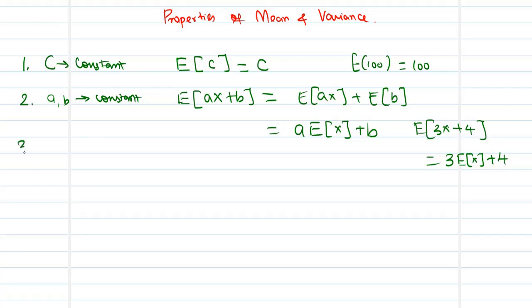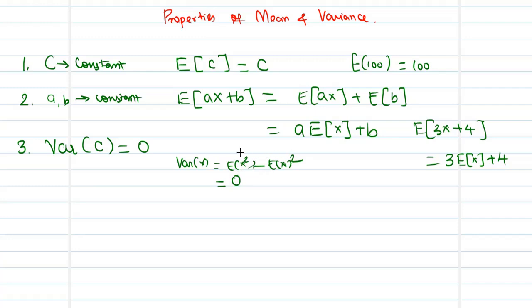Now comes the third property. It says that the variance of a constant C is always 0. Why is this so? Because we know that the variance is given by the formula E of x square minus E of x the whole square. When I take the constant, whether it is E of c square or E of c the whole square, the c square and c square cancel off and result in 0.